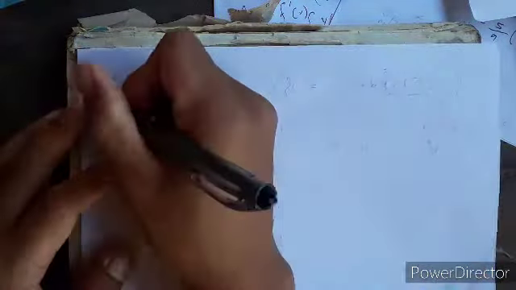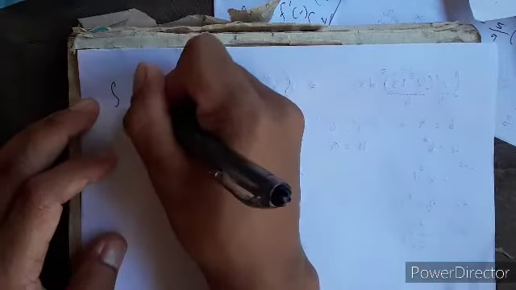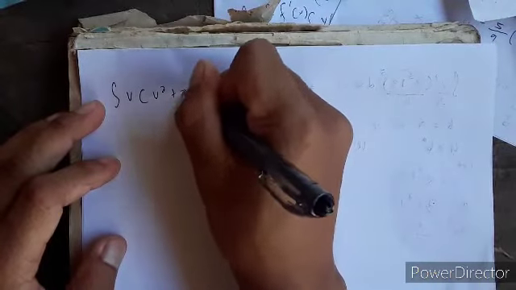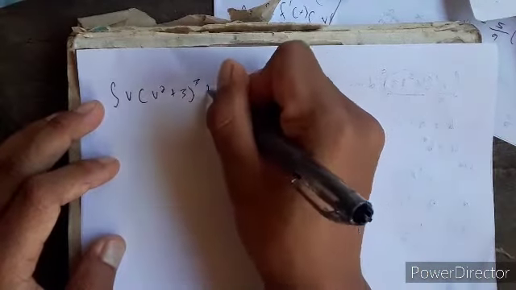So next example, how about if we integrate v times v squared plus 3 raised to 3 dv.